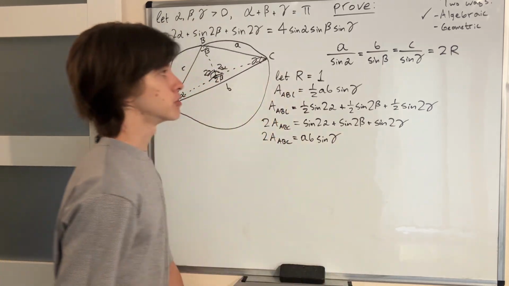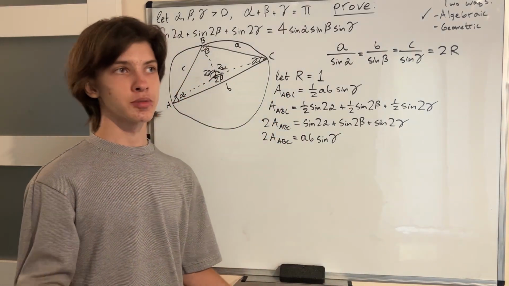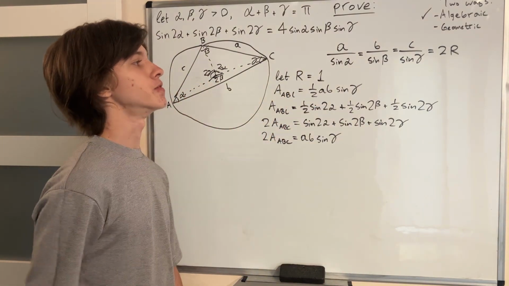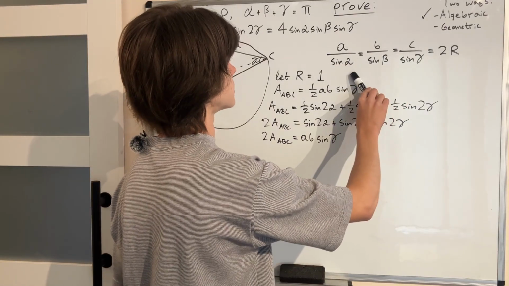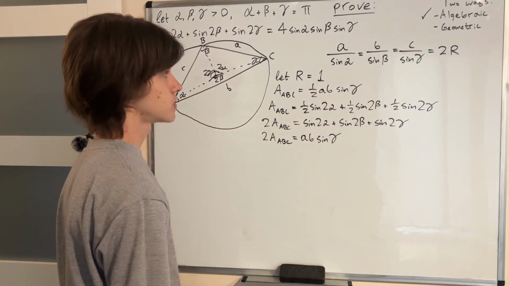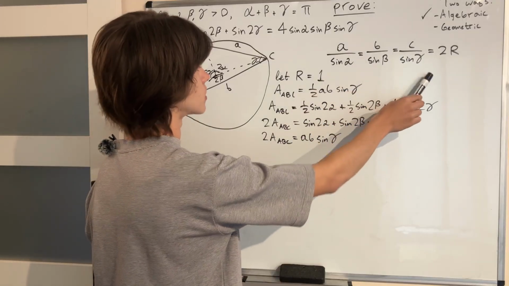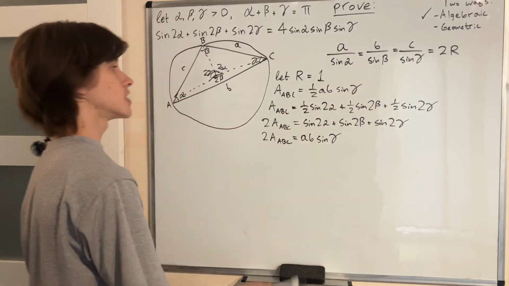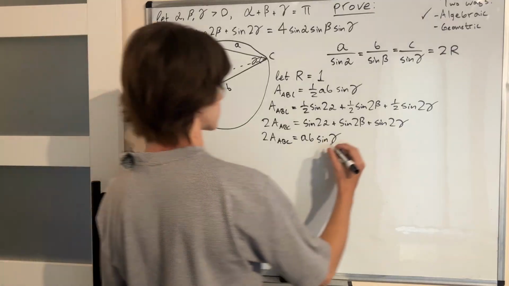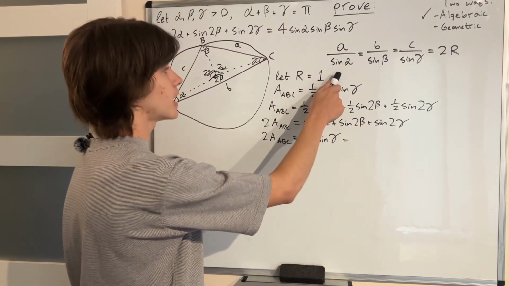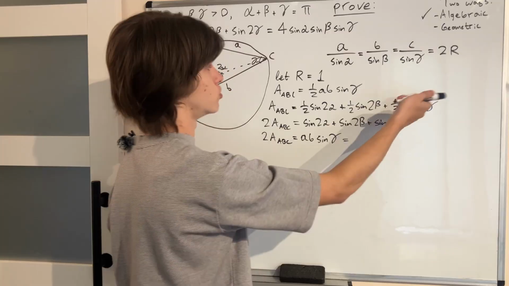And how else can we write AB? Well, it all comes back to our law of sines from the very beginning. a is equal to 2r times the sine of alpha, simply from proportions. As is b equal to 2r times the sine of beta. And since we let r equal 1, that's an arbitrary decision, we can write this as the sine of alpha times simply 2 times 1.